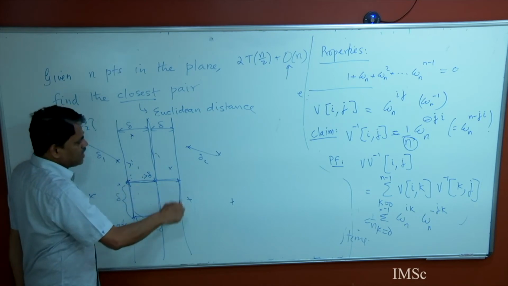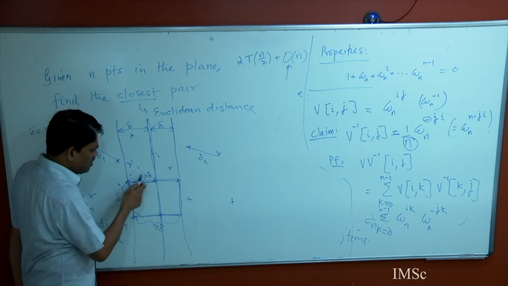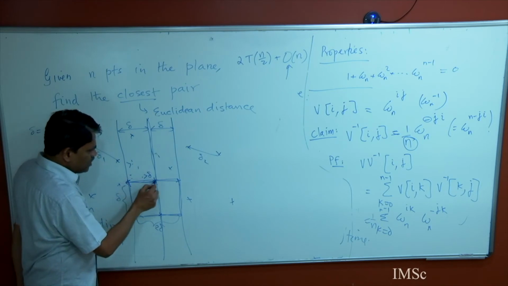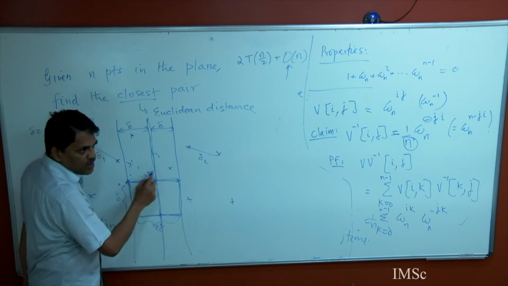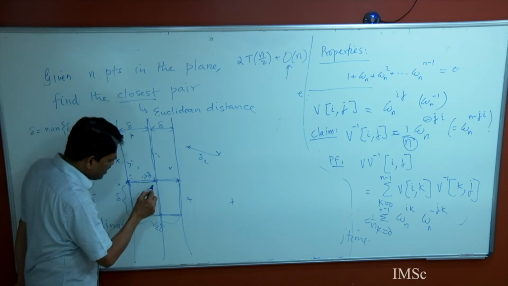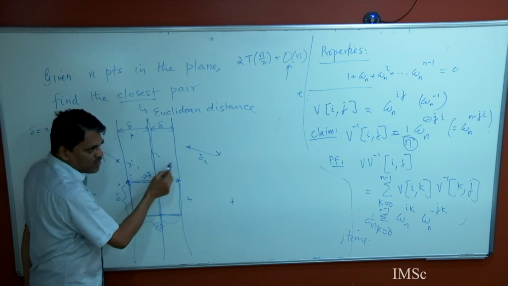So in the really bad case, the maximum number of points, if I look at a point here, is something like 6 points. There may be a point here, a point here, a point here, because if I have a point here, then I lose my leeway to have another point.